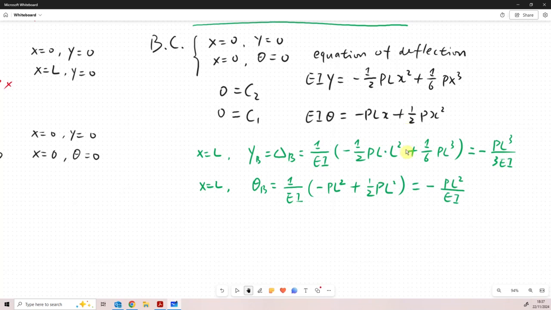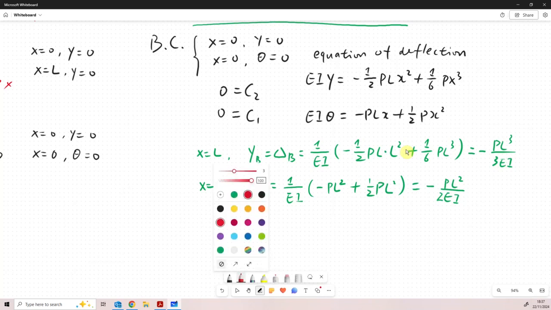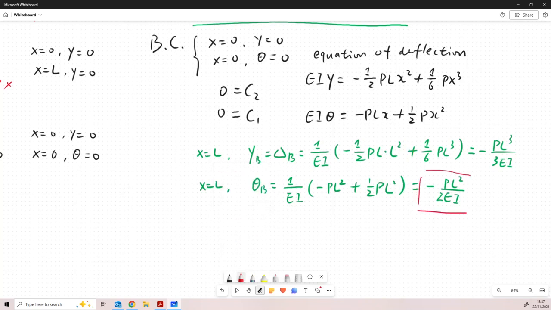So we have a 2, so don't forget the 2 over here. So here we have the result. The result for rotation is this, and for the deflection is this term.